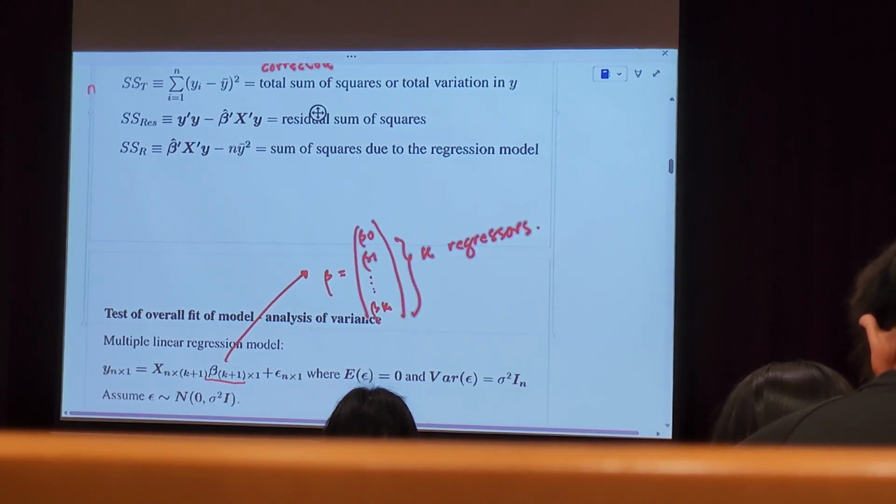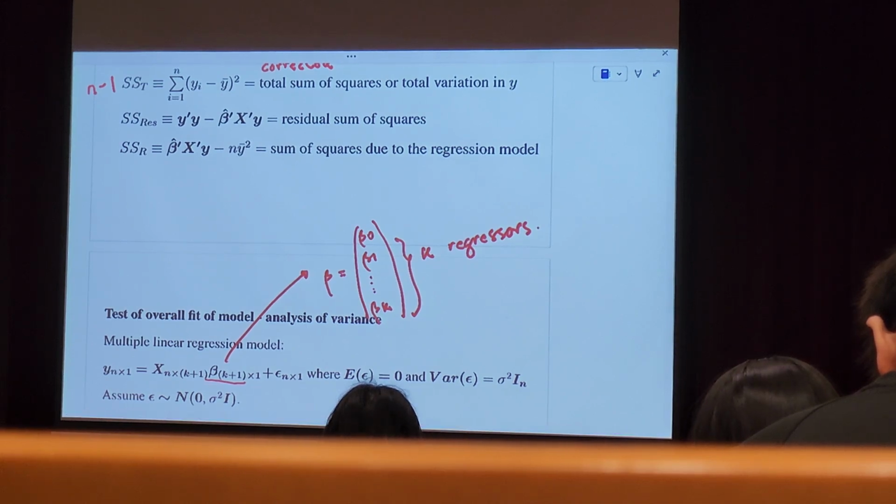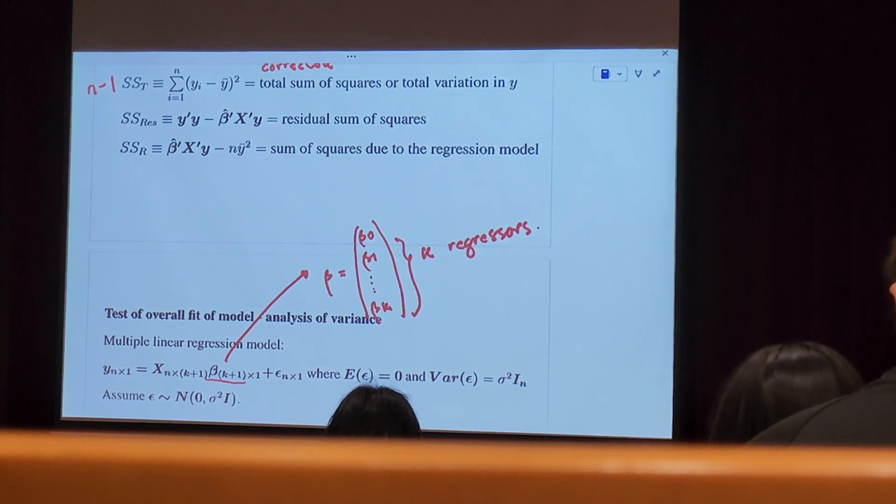It's n minus 1 because there is a constraint from y bar: the sum of y minus y bar must be 0.